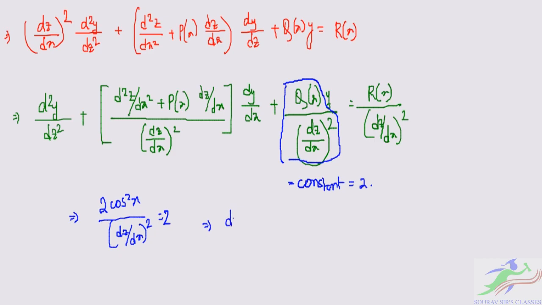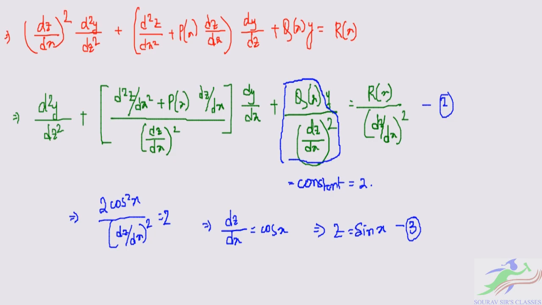From here you can get dz/dx is cos x, and from here you can get z equal to sin x. So this is equation number 2, and we have got this equation number 3.